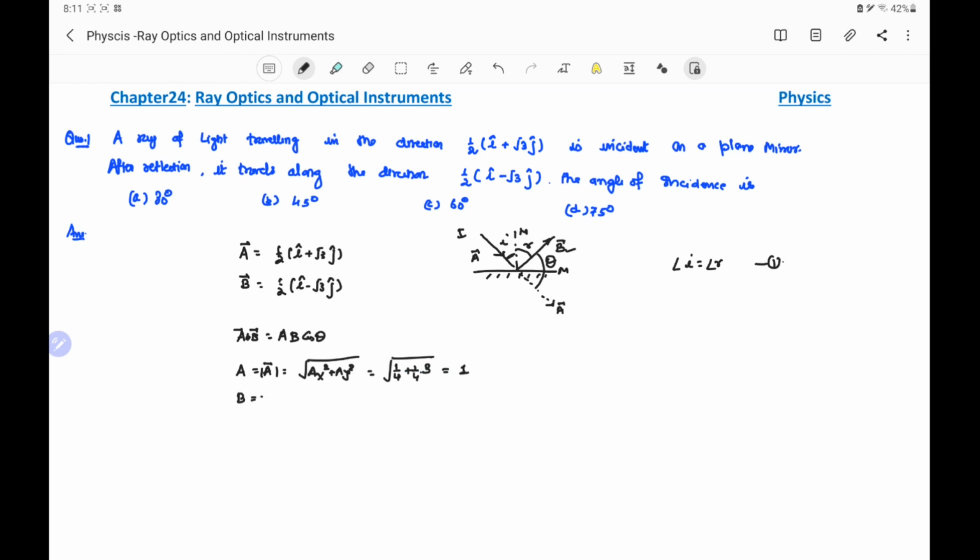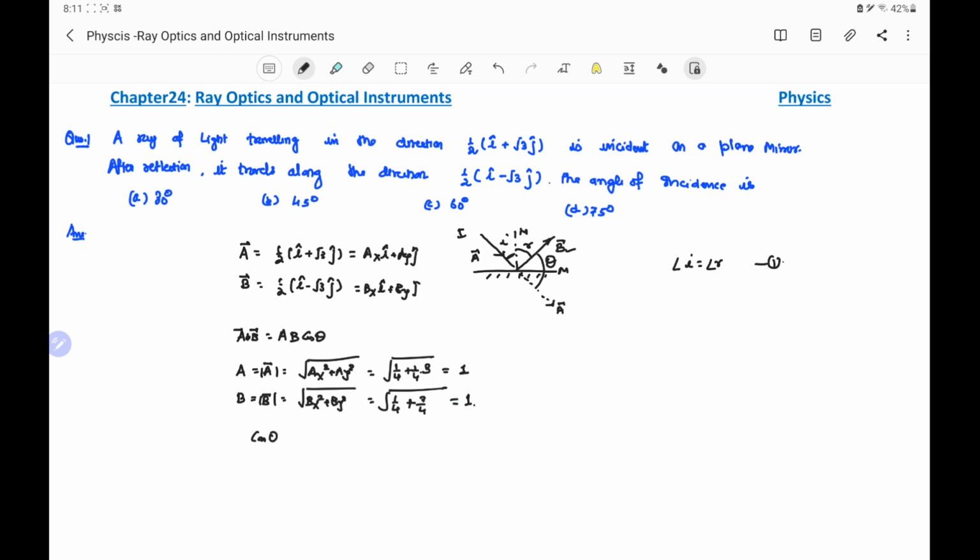Similarly, the magnitude of vector B is the square root of bx squared plus by squared, because we can write B as bx i plus by j. Similarly, vector A can be written as ax i plus ay j. So bx is 1/2 and its square is 1/4, plus by is minus root 3 by 2, so its square will be 3/4. So it also gives 1.